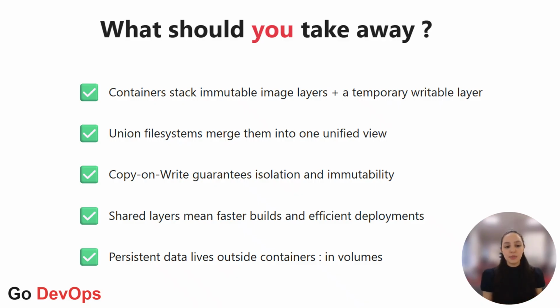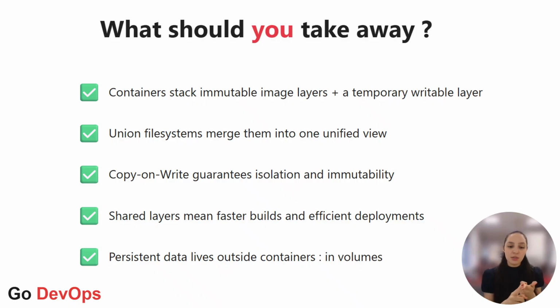Now, when something changes at runtime, the copy-on-write mechanism kicks in. Instead of modifying the base image, it makes a private copy inside the writable layer, and that ensures the underlying image stays clean, consistent, and reusable. And here's where things really get powerful, because these base layers can be shared across multiple containers.